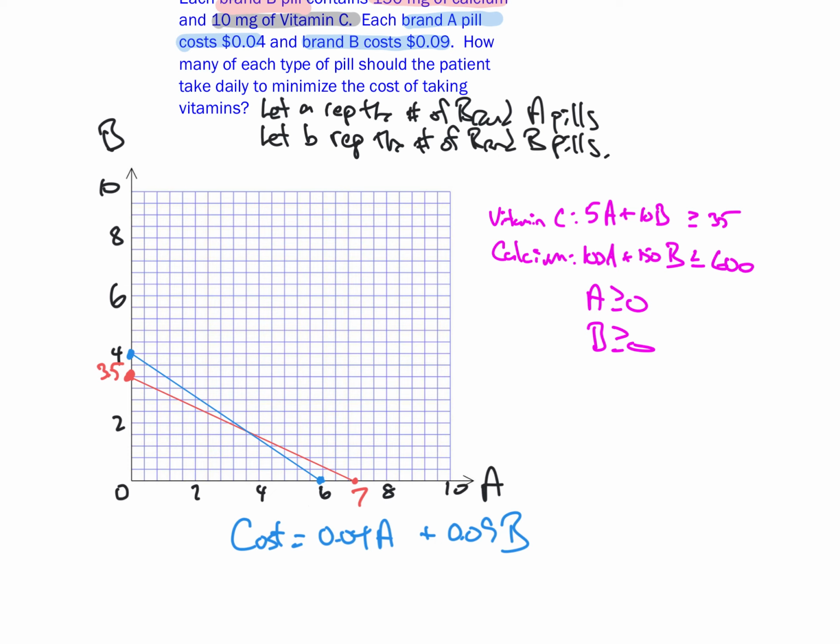So the real $1 million question we have here is where is the solution region? Where is the solution region? So for this question, the shaded area is right here.